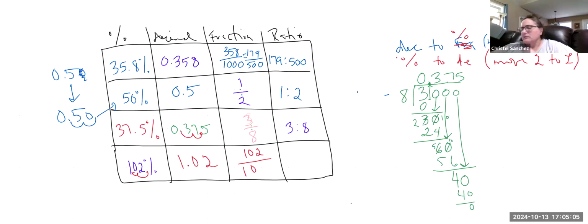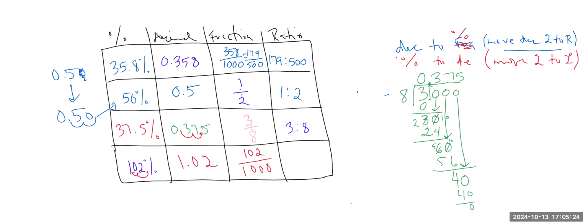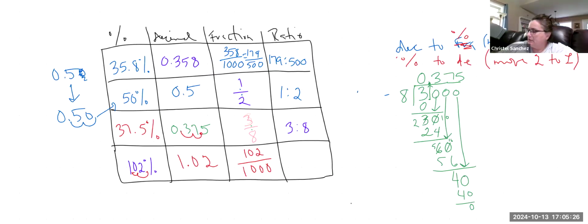So when I do the math on this one, I think it's 51 over 500. Okay, so 51 over 500.